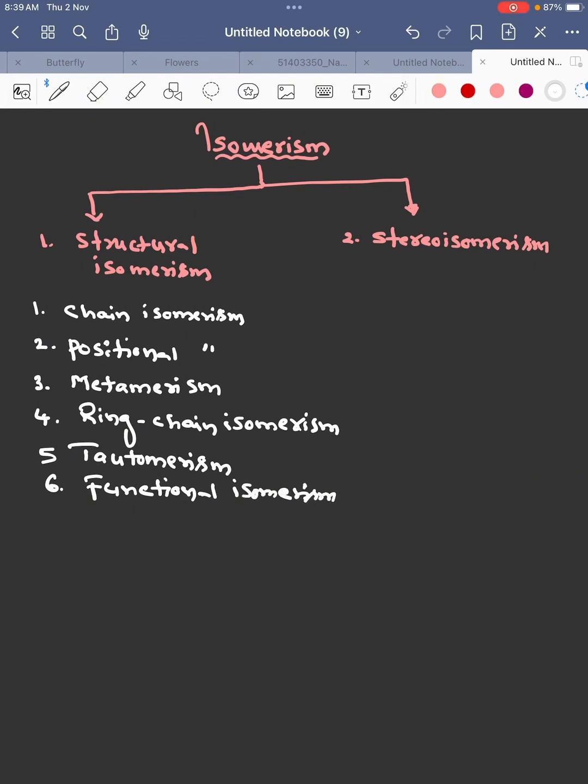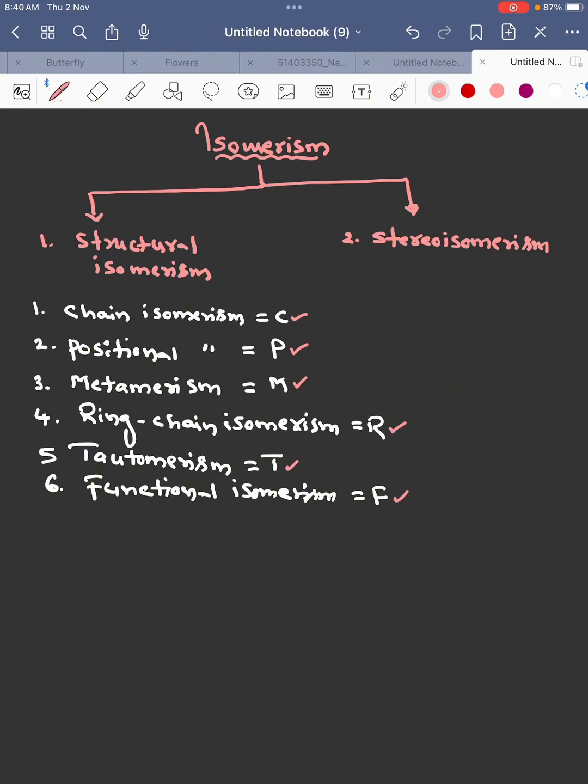Okay. How do we remember the types of structural isomers? We'll go for one small trick here. Chain isomerism is C. Position isomerism is P. Metamerism, M. Ring chain isomerism, R. Tautomerism, T. Functional isomerism is F. So chemistry, physics, maths, revision, test, fail.